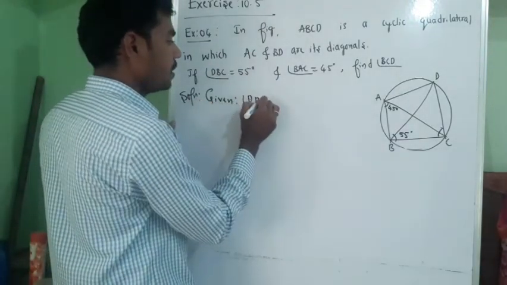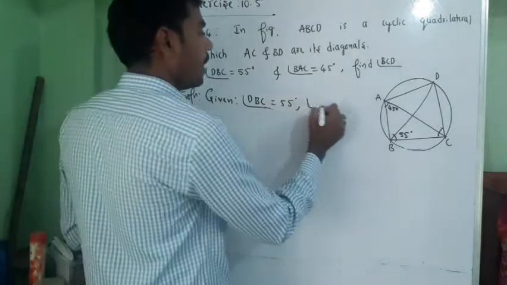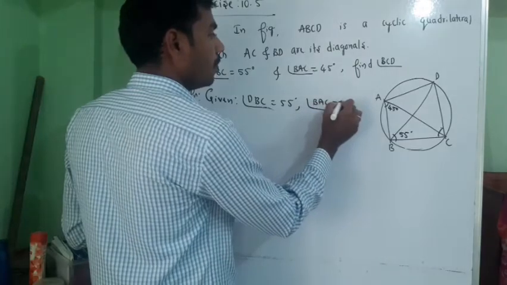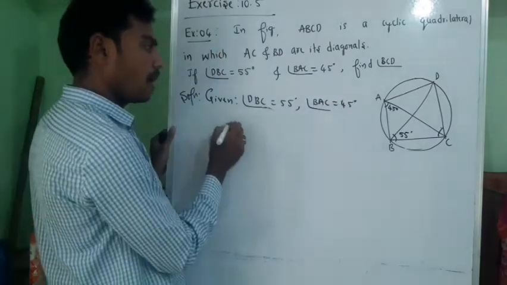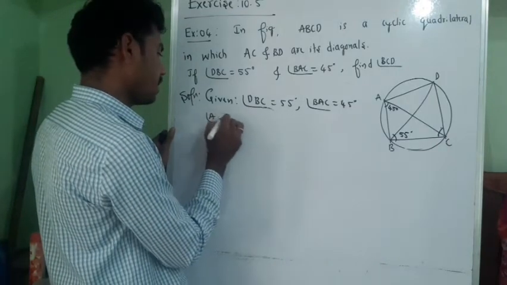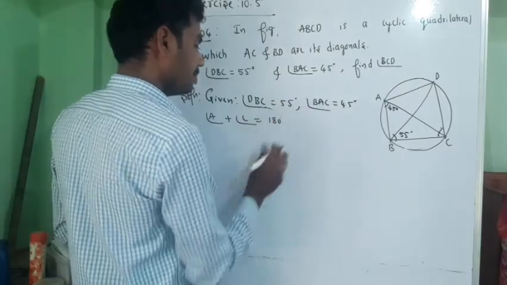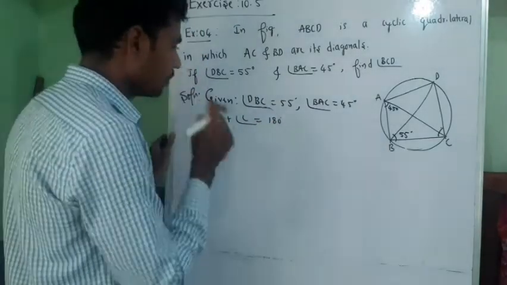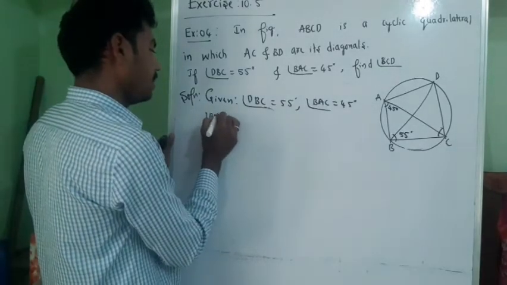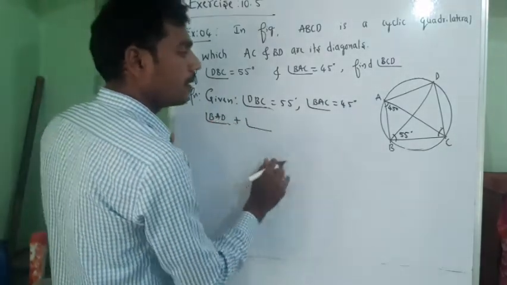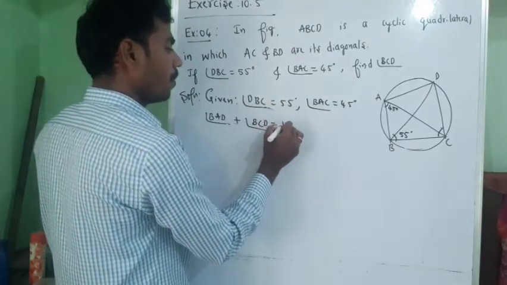Angle DBC is equal to 55 degrees, angle BAC is equal to 45 degrees. And we know angle A plus angle C is equal to 180 degrees. Or, if you want to be specific, angle BAD plus angle BCD is equal to 180 degrees.